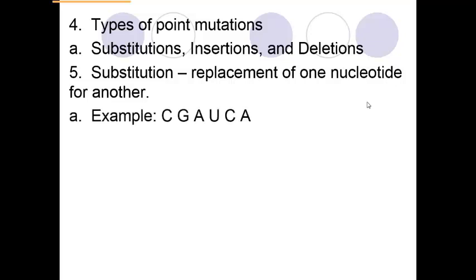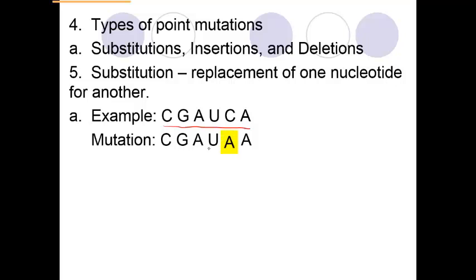And the example that I'm going to look at is an RNA strand. So this would be what the original RNA should look like when it was decoded from the DNA, but the mutation is going to happen right here.